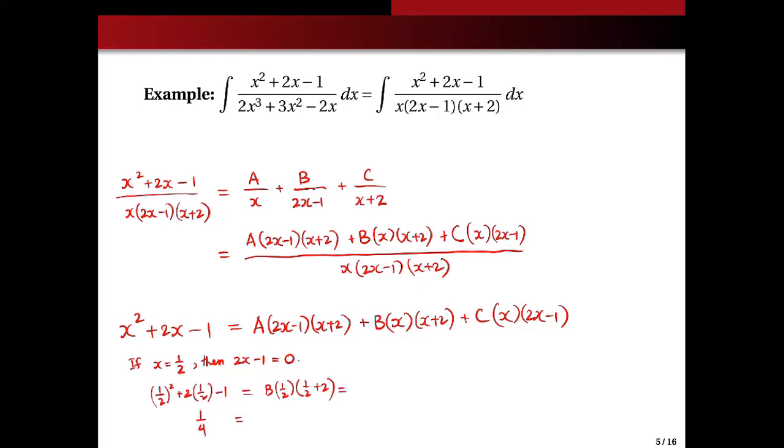On the right-hand side, let us simplify first the product there. So you have here B times 1/2 times 1/2 plus 2. That's 5/2, correct? So in here, you will just have B times 5/4, which gives us B equals 5.